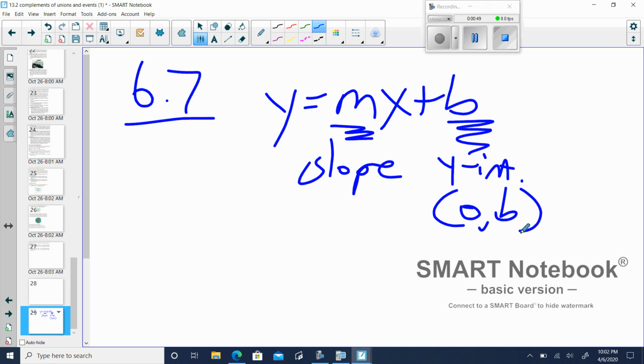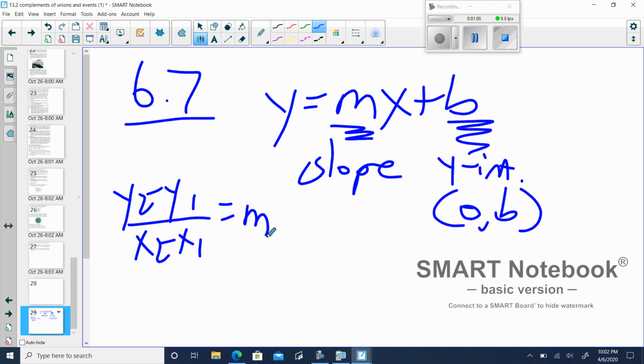So what they want us to do here is complete the steps to derive the equation for a non-proportional linear relationship by using our slope formula. So what they want for us right there is y2 minus y1 over x2 minus x1 equals m.